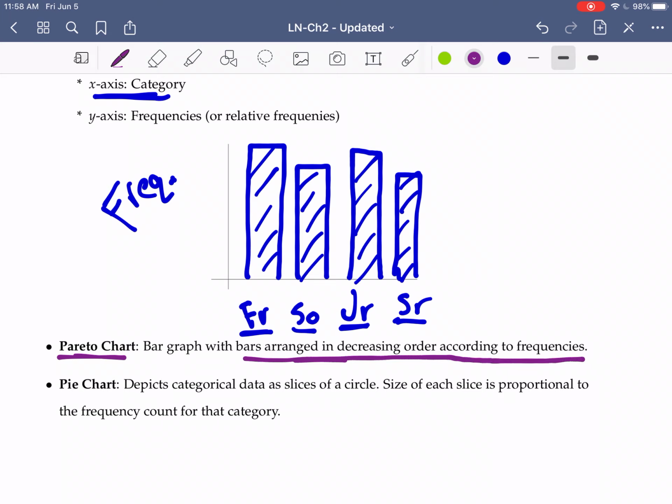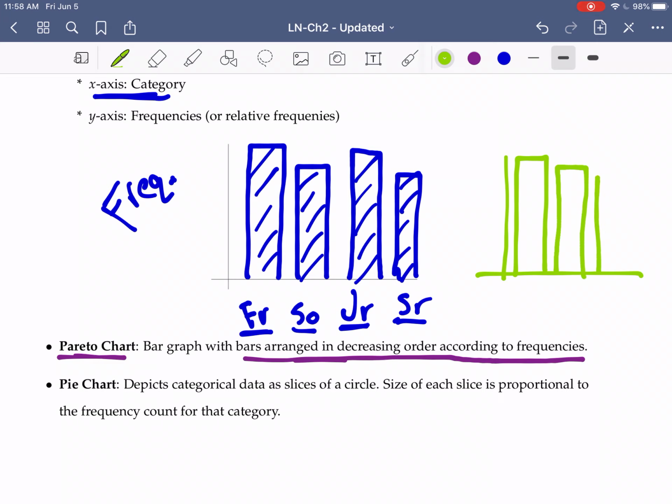So here, if we created a Pareto chart for the data that we saw above, you would have freshmen still showing up first, but then you would see the juniors next because they were the next highest, and then the sophomores, and then the seniors.